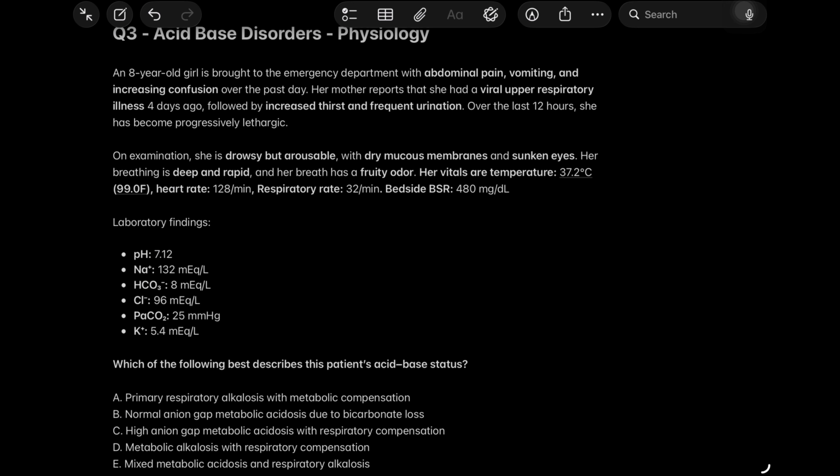And another important part, she has abdominal pain. Abdominal pain is how diabetic ketoacidosis presents, especially in young children. And she also experienced it after a viral upper respiratory tract infection. That's also important because states of stress like surgery or illness or infection, after that period of time, patients who were normal before might suddenly experience the symptoms of type 1 diabetes mellitus.